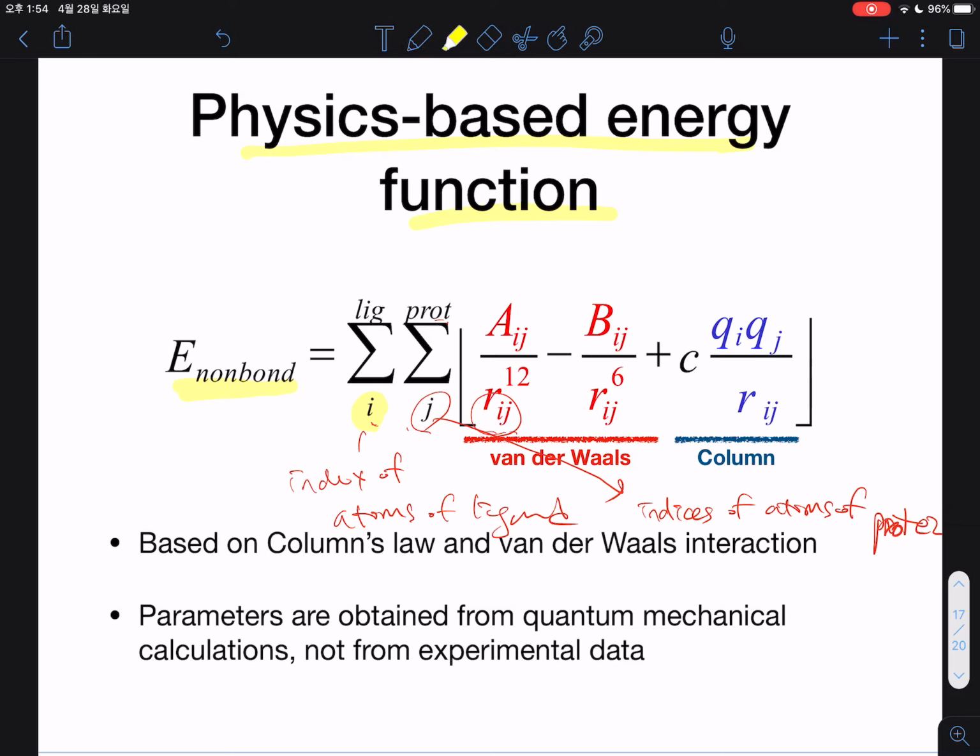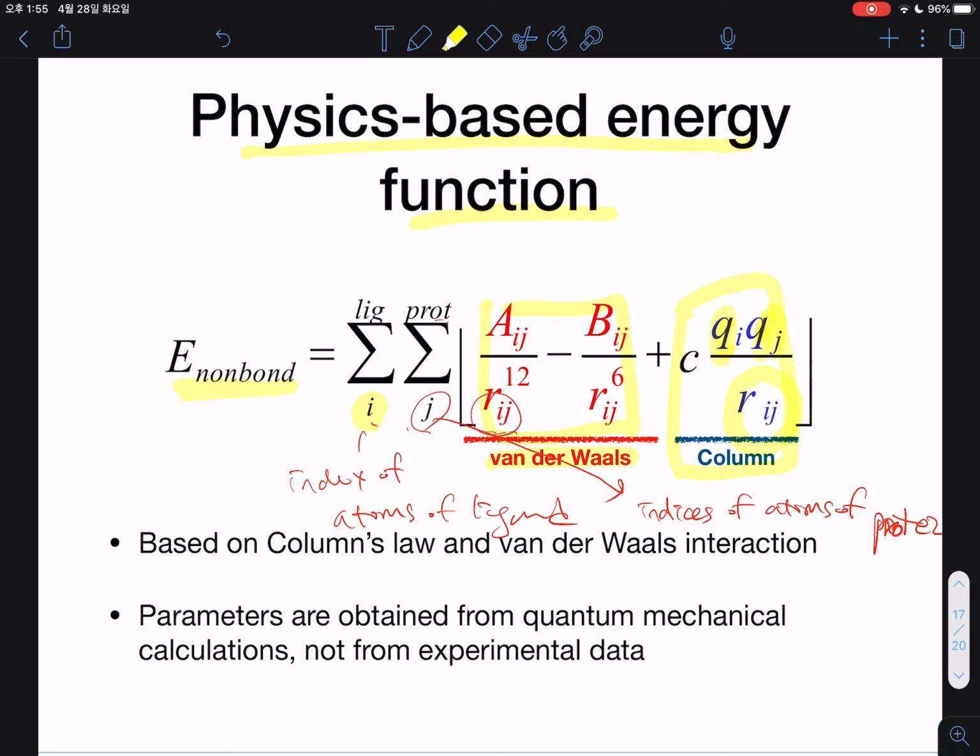As you can see, this term has the shape of van der Waals interactions, as you have learned from the textbook. And this term is about the electrostatic interaction, the Coulomb interaction, with Qi, Qj, and Lij the distance between atom i and atom j.